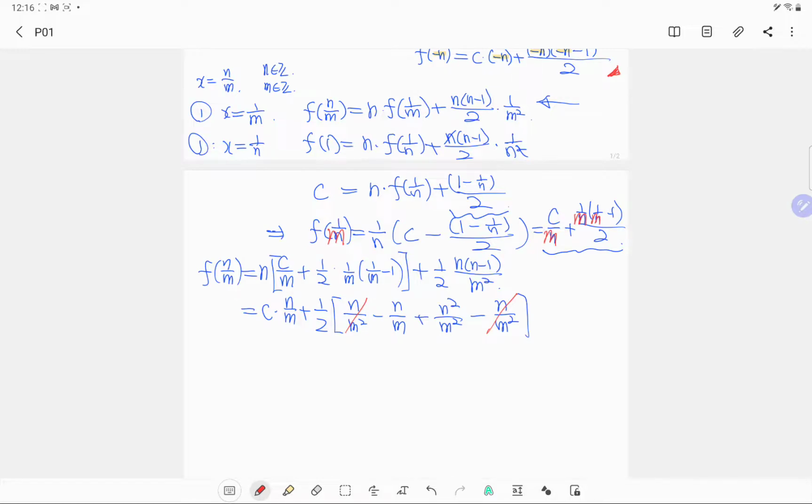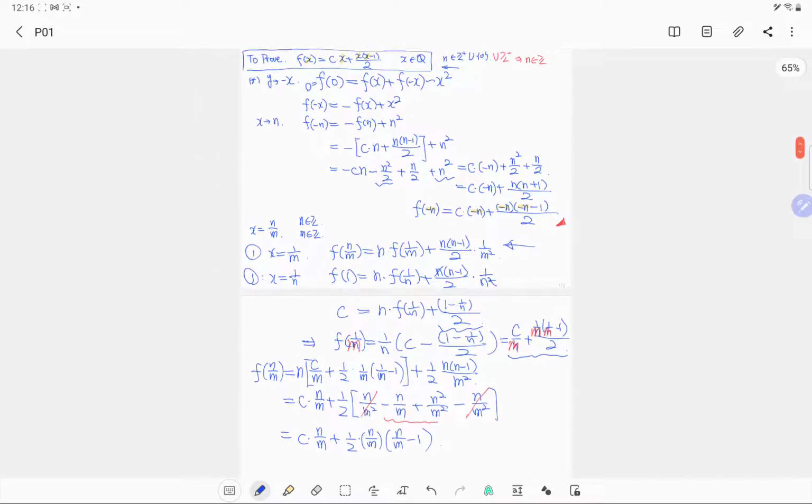So let me see. The remaining term is this one. So we have c times n over m plus 1/2, and then we can just factor n over m out, and then we have n over m minus 1.